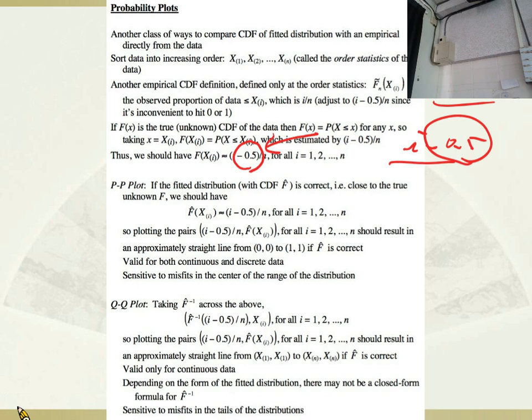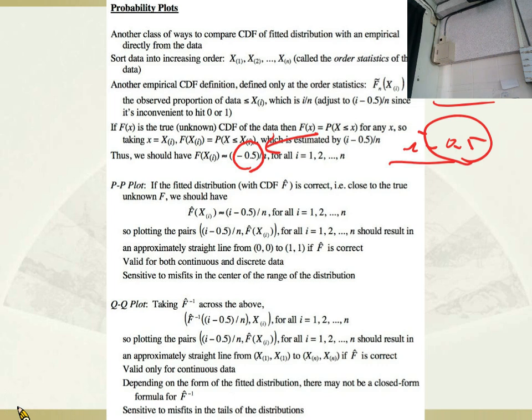So it doesn't mean the proportion should be the correct one. So we have minus a half to have the possible correction.